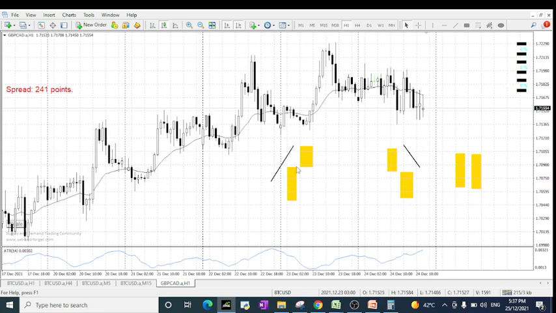So if candles are closing in this way, you have candles closing making higher highs and higher lows, and you have this one making lower highs and lower lows. So this is an uptrend, this is a downtrend. If the candles are closing beside each other, you have a consolidation.